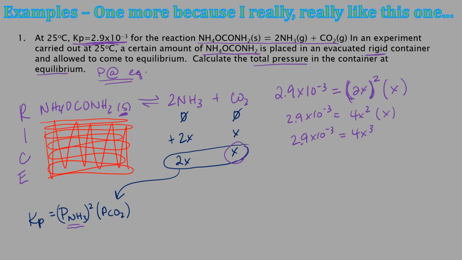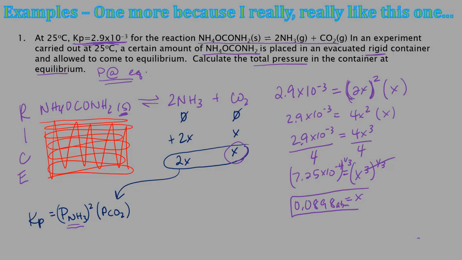So then to solve for this, I have to undo the multiplication first. And then I have to raise both sides to the 1/3, or take the cube root. That gets rid of that 3. And you can just put that in your calculator, raised to the 1 divided by 3. And my x is 0.0898 atm.